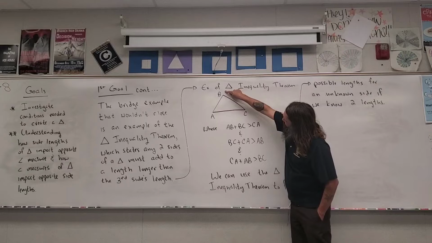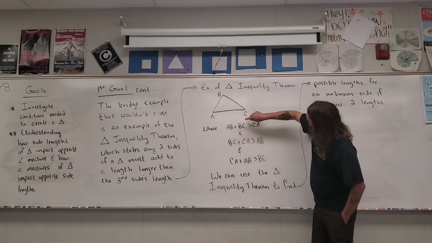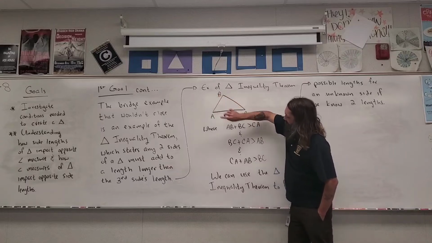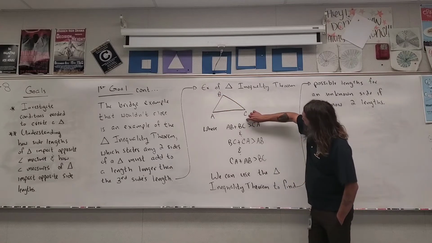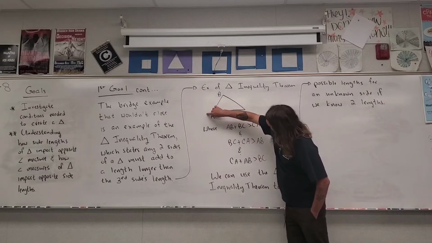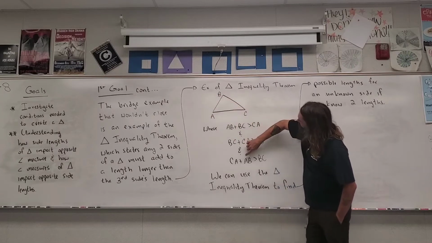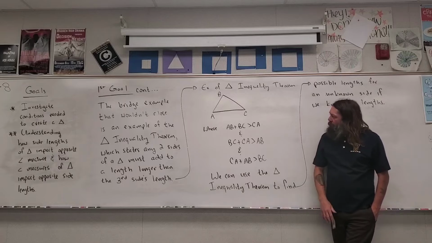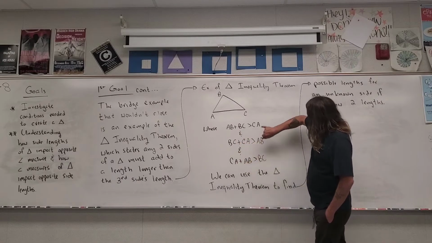It must also be true that the length from B to C plus the length from C to A must be greater than the length from A to B. We also have the length from C to A plus the length from A to B must be greater than the length from B to C. So any two sides of a triangle must be longer than the third.